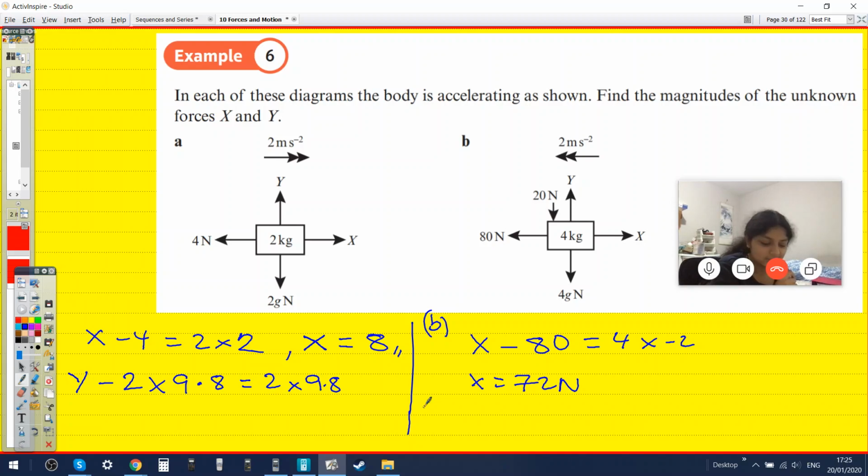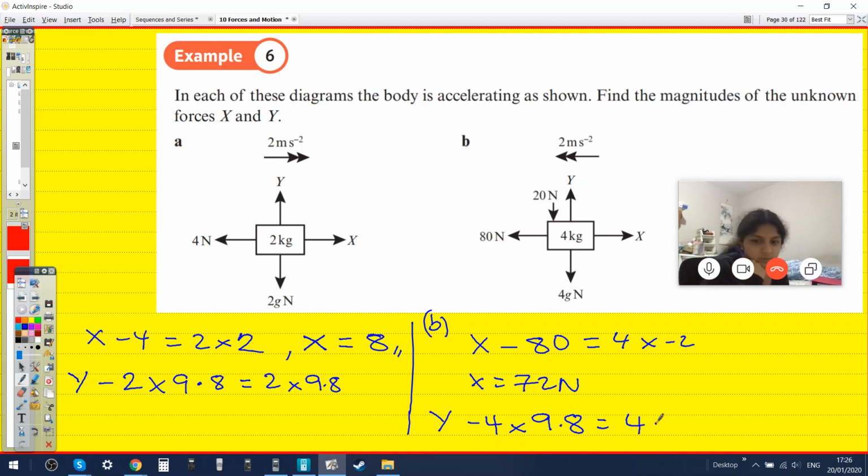Didn't say that it's in equilibrium. Oh. That means it is accelerating down. But it's accelerating to the left. That component will be 0 going up and down, so it won't affect it. So it'll basically be y minus 4g, y minus 4 times 9.8. Yeah.